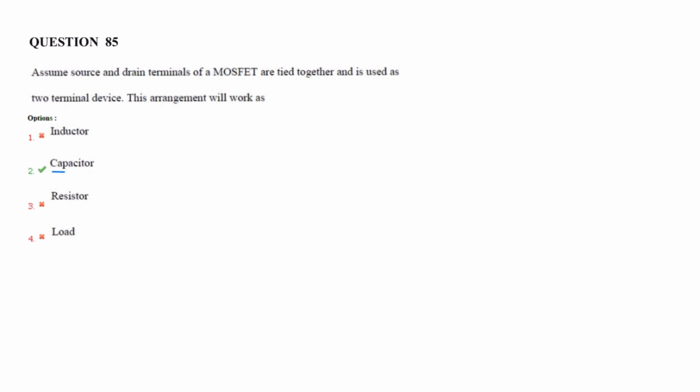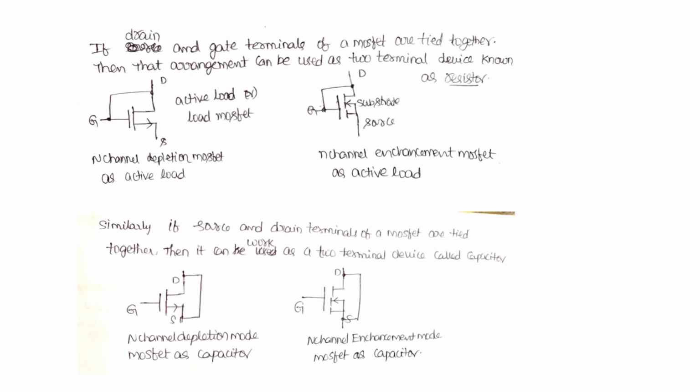Next question. Assume the source and drain terminals of a MOSFET are tied together and it is used as a two terminal device, then the arrangement will work as a capacitor. In a MOSFET, whether N channel depletion, N channel enhancement, P channel depletion or P channel enhancement, if drain and gate are connected together, then it acts like an active load or load MOSFET, that is, it acts like a resistor.